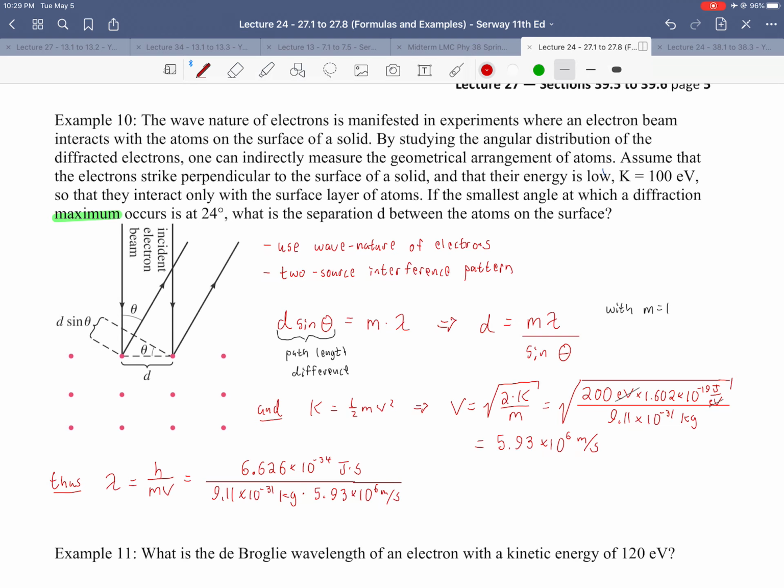That works out to be 1.23 times 10 to the negative 10 meters.